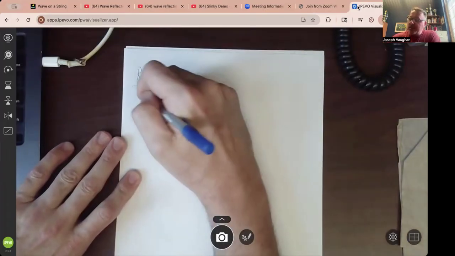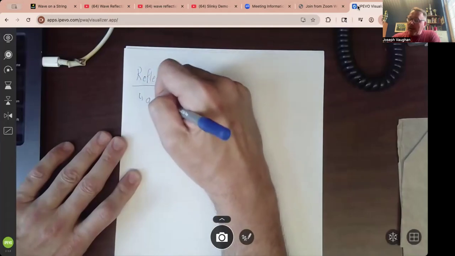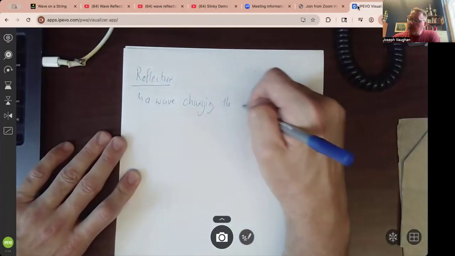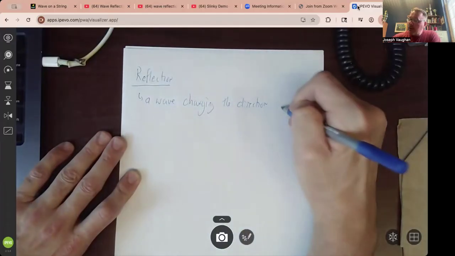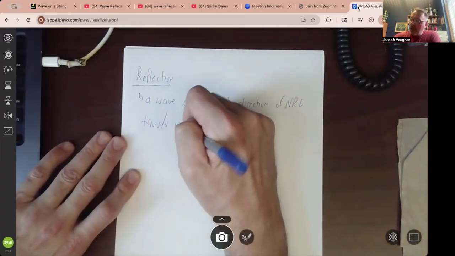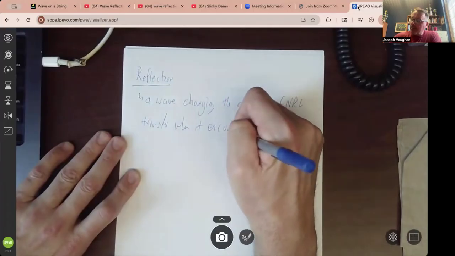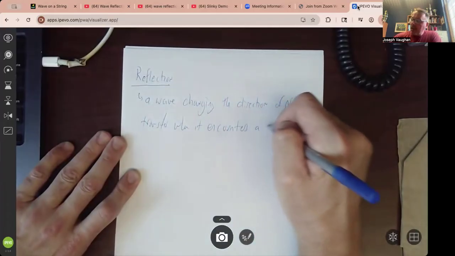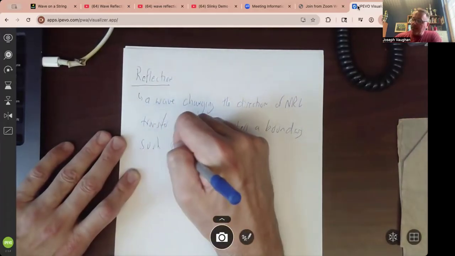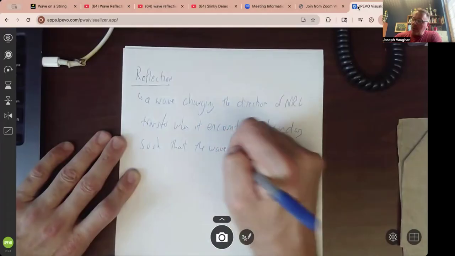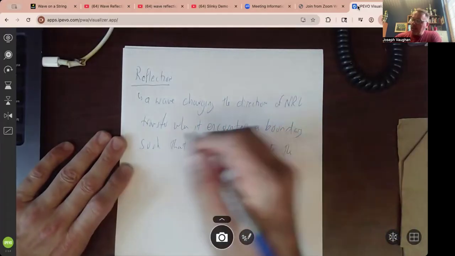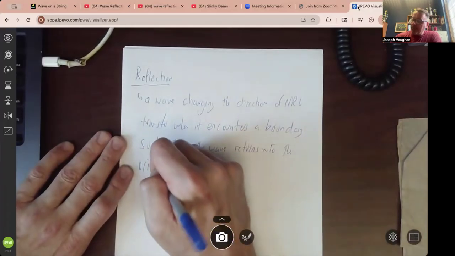A reflection is a wave changing the direction of energy transfer when it encounters a boundary such that the wave returns into the original medium.